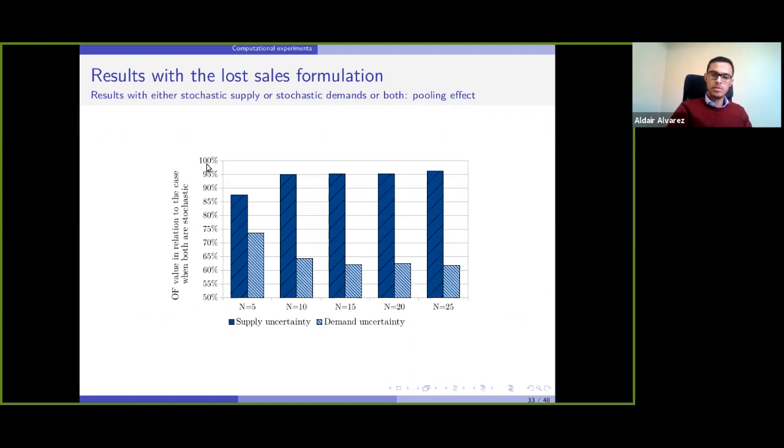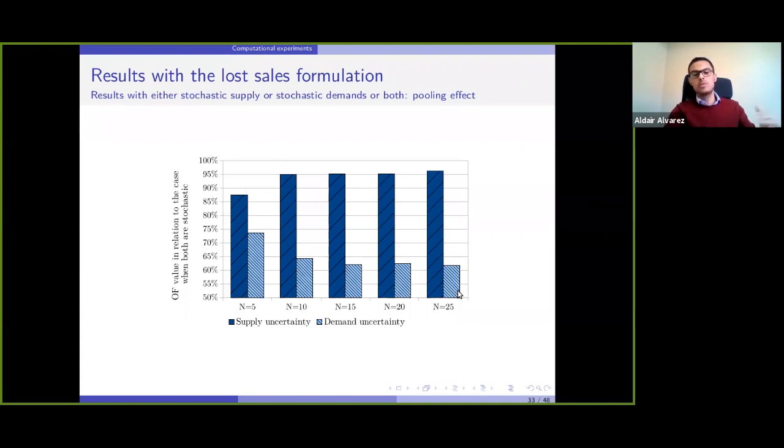So a value of 100% indicates that the solution has the same cost as the case when both supply and demand are uncertain, and below that, it's just a fraction of the cost. So for example, for demand uncertainty, as we increase the number of customers, this cost is going down. So it's getting far from the cost in which both are uncertain. So this is, again, showing in an empirical way this pooling effect.